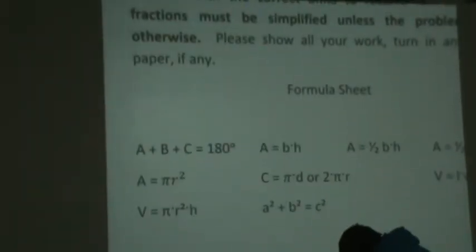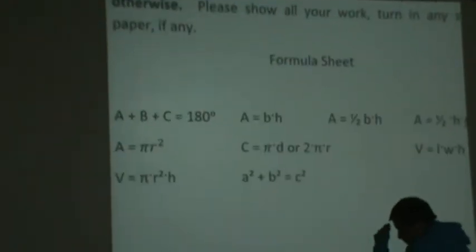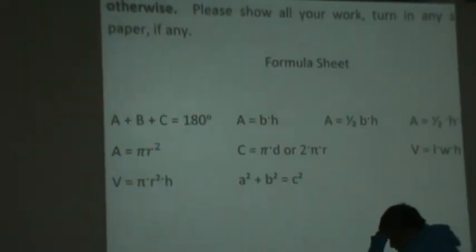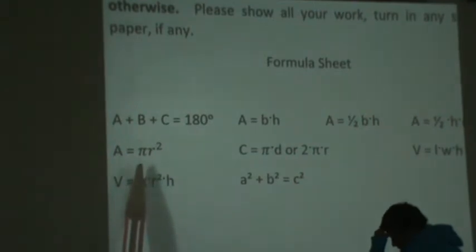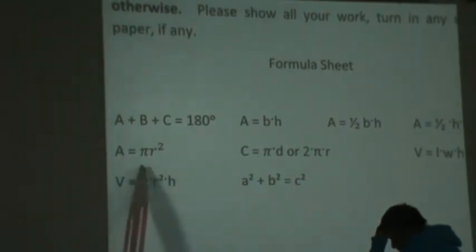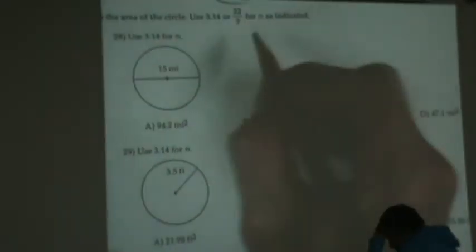Okay, now we're to area. Which one of the A's are we going to use for that? The one with the pi in it, right? Because pi only works in circles. So area is pi r squared. Do we know the radius?